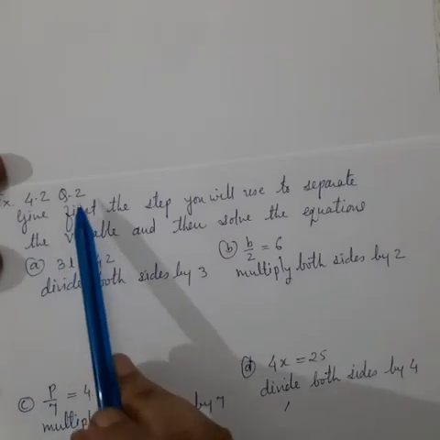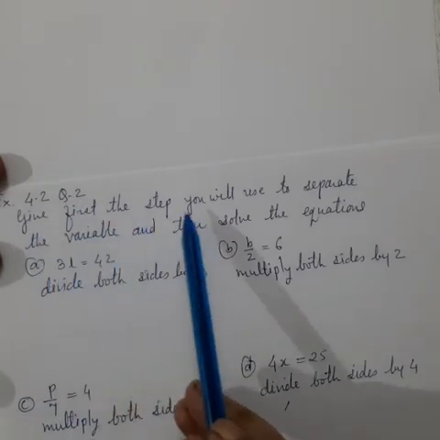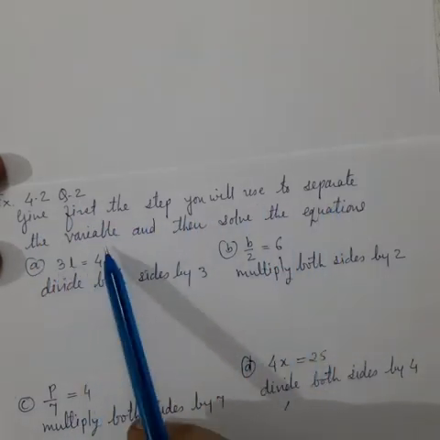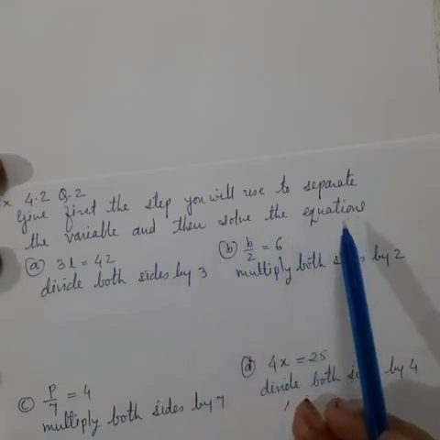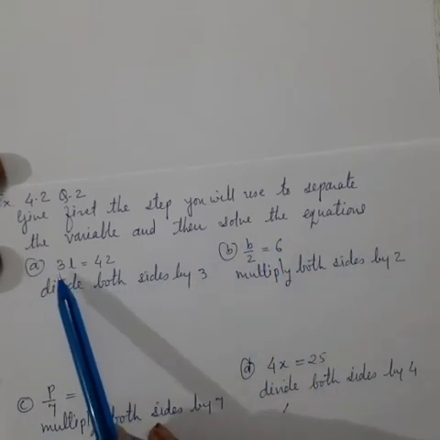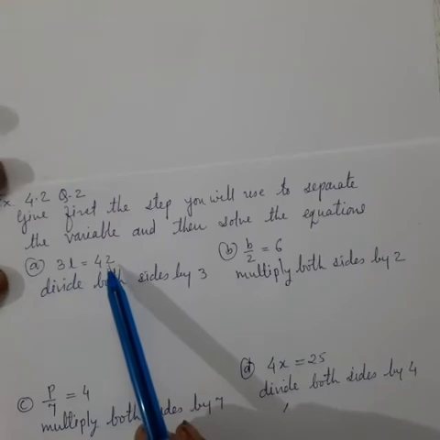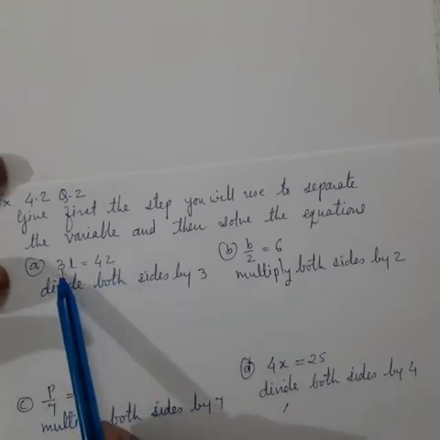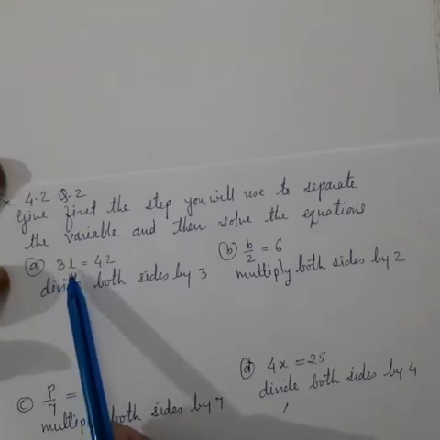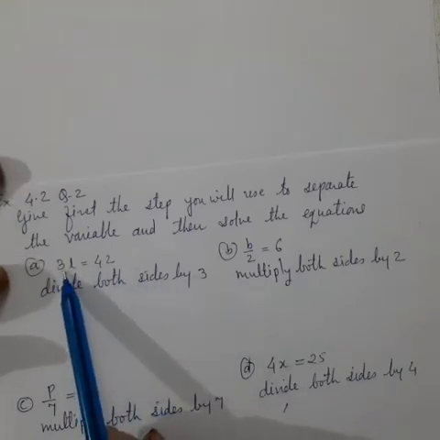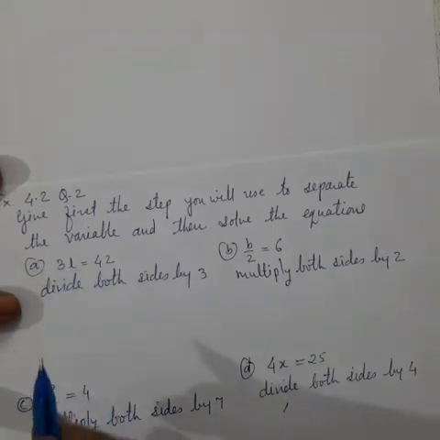So y equal to minus 8 is our solution. Coming to question 2. Give first the step you will use to separate the variable and then solve the equations. Now see here the equation is 3l equal to 42. Now this 3 is in multiplication. So to cancel this 3 or to remove this 3 from l, we have to divide it by 3. So it will be cancelled and only l we will get on left hand side.